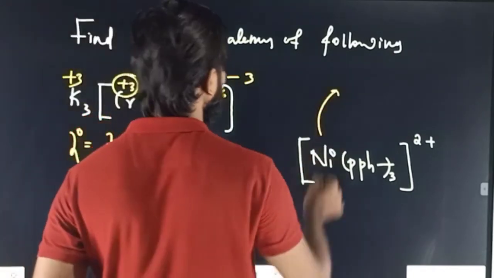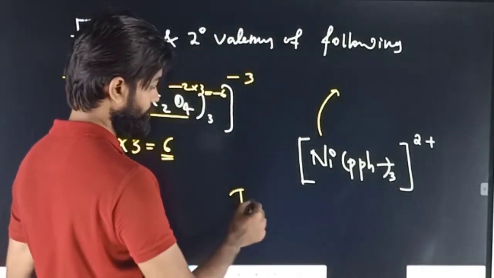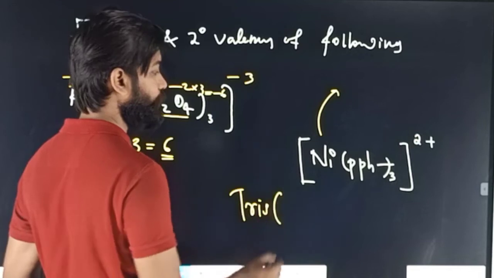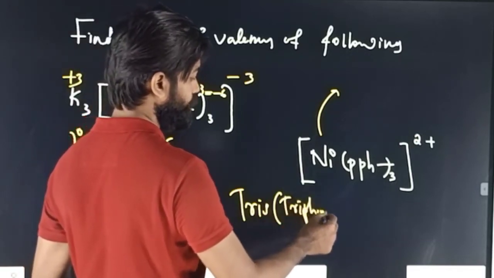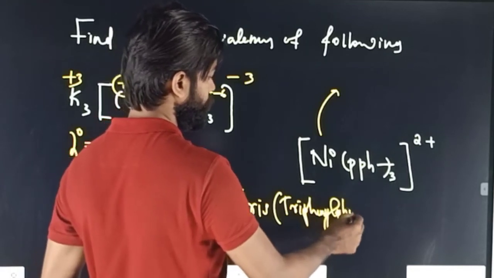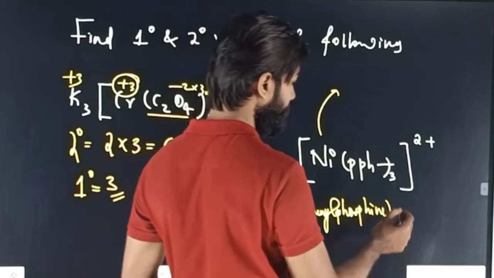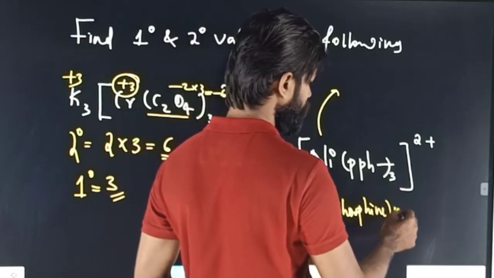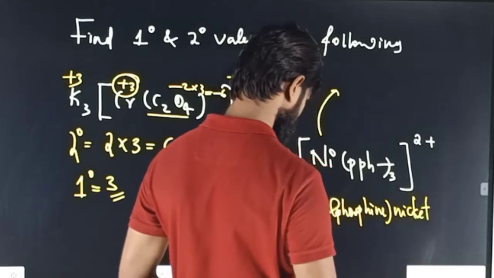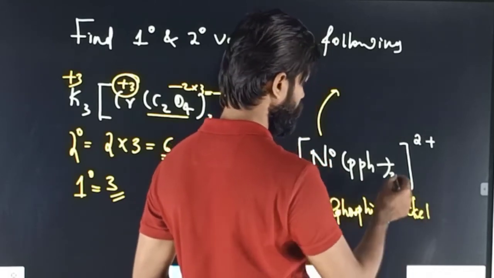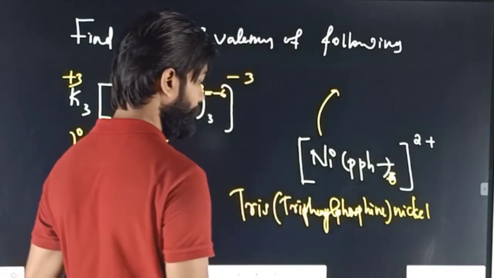Okay, here this is a molecule, tris triphenyl phosphine nickel 2.